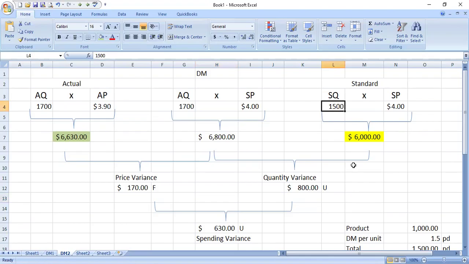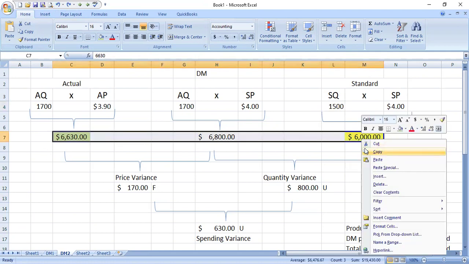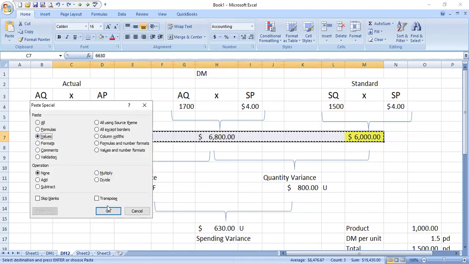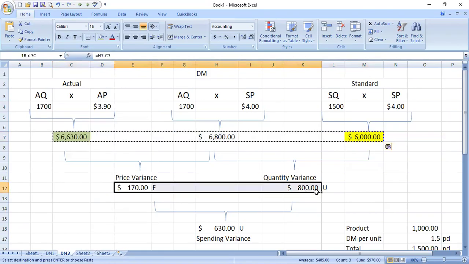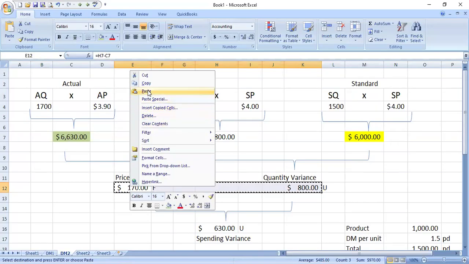If I eliminate this, let me put it in a different way. Let me get those cells and paste special, values. Just give me a second to do some adjustments here.